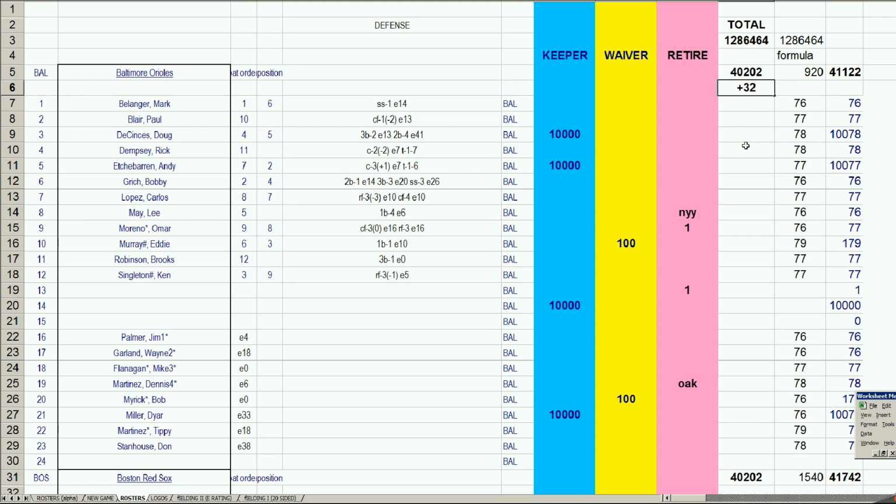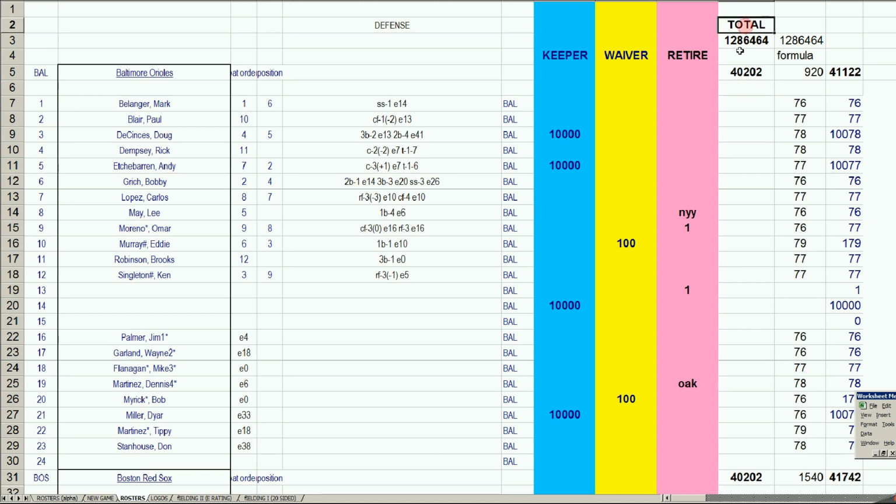So if I take 32 times this number, 40,202, I get 1,286,464. Again, draw a line right here, and what it reveals is the league wants to keep 128 players, 64 guys move through waivers, and 64 are retired.